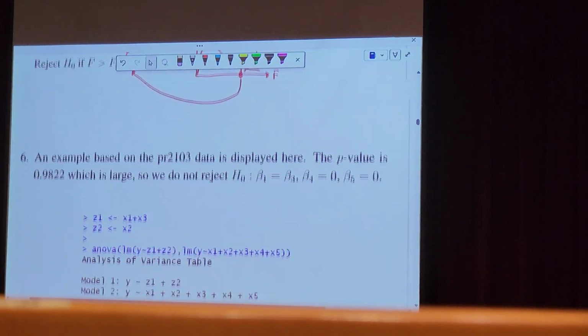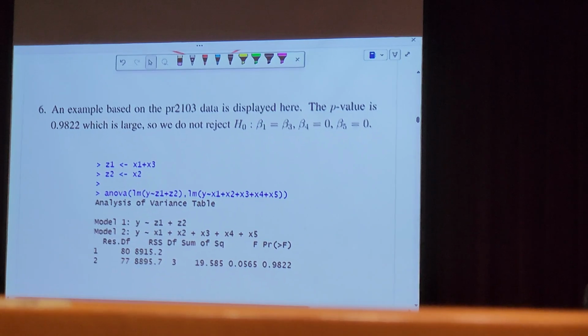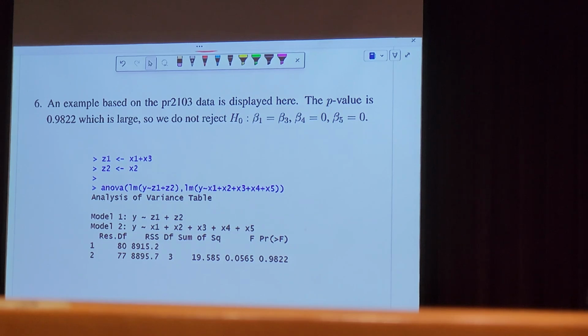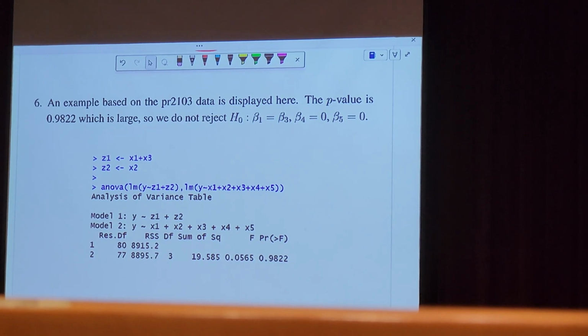Okay, so let's look at an example. So this brings us to point 6, which is an example. Now this PR2103 data, I collected it from a class of mine. These are pharmacy students taking statistics. So I collected some data from them about their blood pressure, heartbeat, religion, race, and so on.